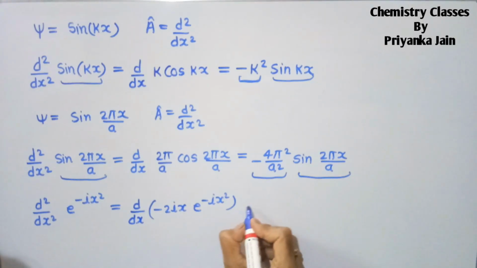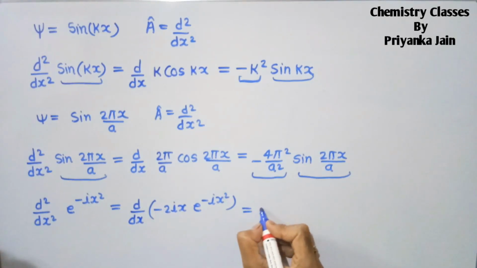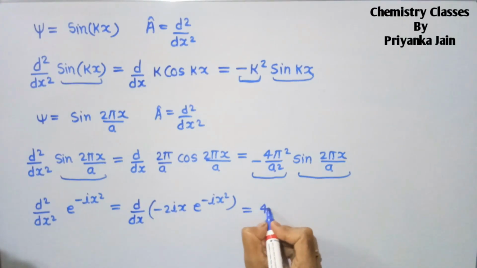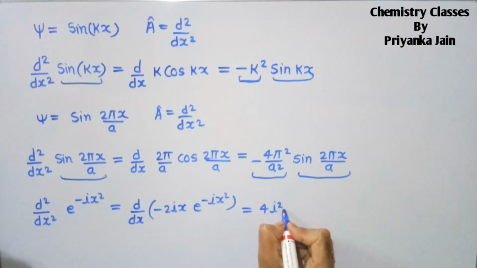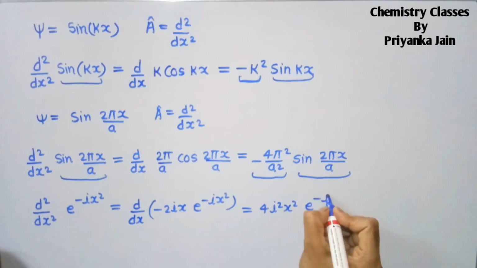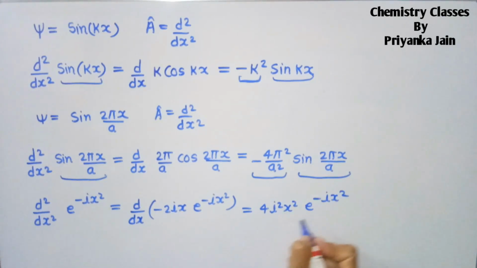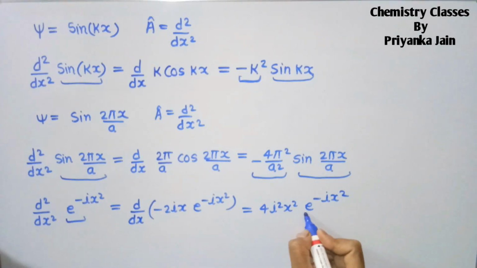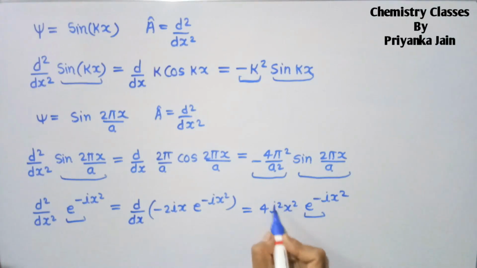Again we do the differentiation, so now the sign becomes positive, and we get 4 i square x square e to the power minus i x square, in this way, right? Now see here, we get our eigenfunction as it is, so it is an eigenfunction, and this will be the eigenvalue.